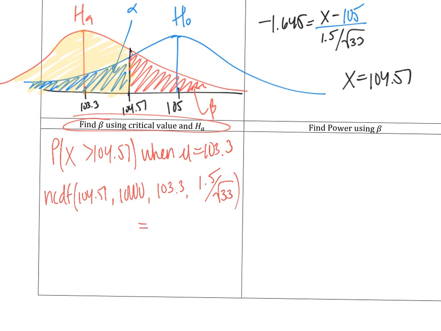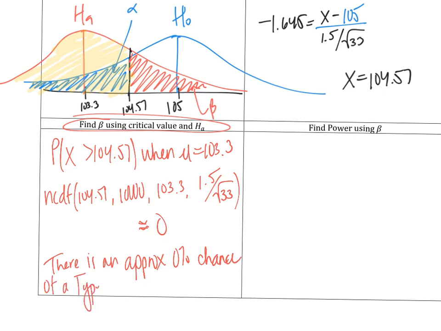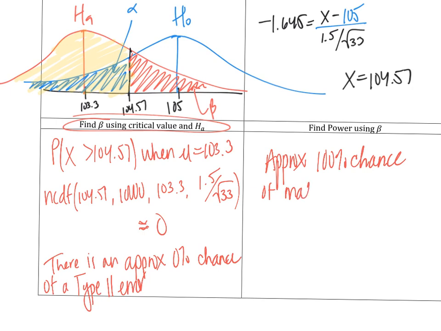And you should get out approximately 0. So there is an approximately 0% chance of a type 2 error. Approximately a 100% chance of making a correct decision.